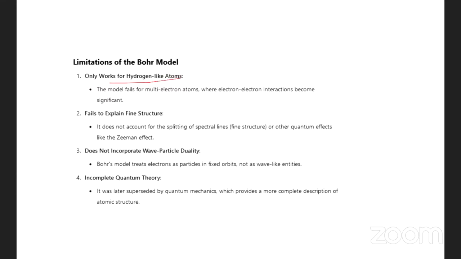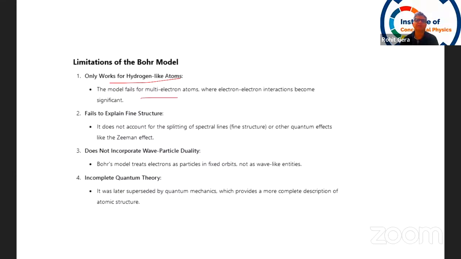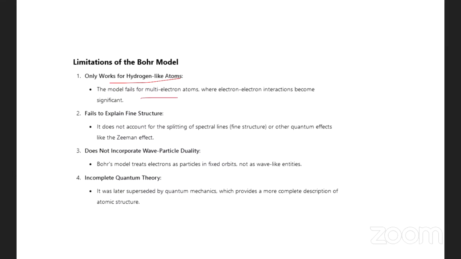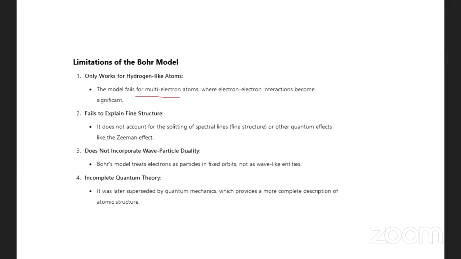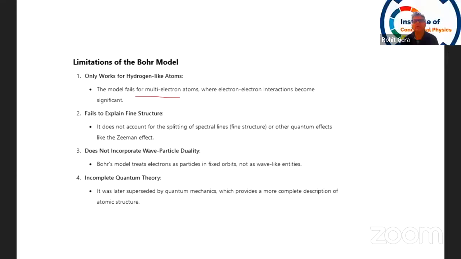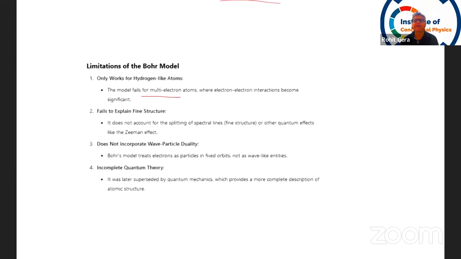If you have sodium, sodium will have how many electrons? 11. It won't work, because the nucleus of the sodium will interact with so many electrons. So you can't apply this model there, but you can apply it to lithium 2 plus.